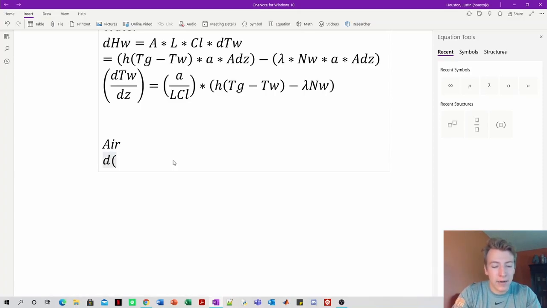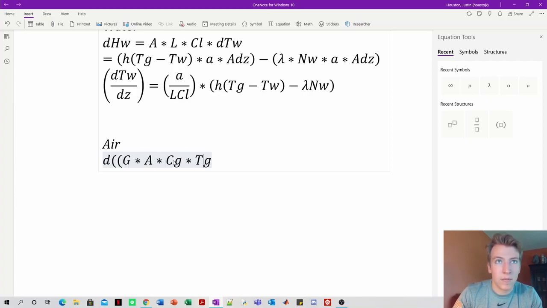So we know that the air is going to be equal to the gas flow rate times the area, which is going to give us kilograms per second, and then we can multiply that by the heat capacity of the gas, or the vapor that is, times the temperature of the gas. And let me add in another parenthesis real quick.